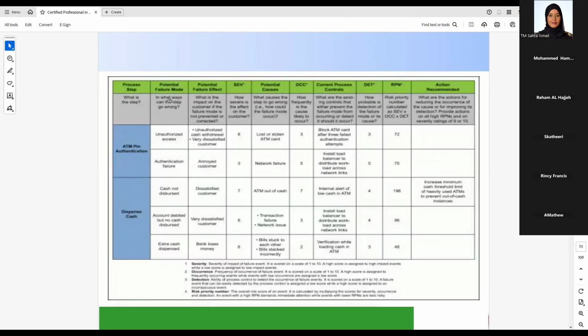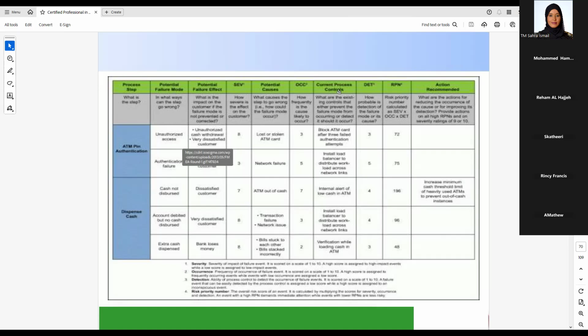This is an example of the failure mode effect analysis. It's which process step it is. Under each process step, you could have multiple failure points, so you can see the failure points, and then if it fails, what is the potential effect, and then what's the severity. The severity is represented in a number. So for example, here it's from 1 to 10, and how severe is the effect on the customer if it happens.